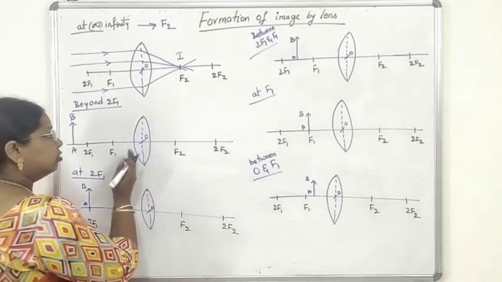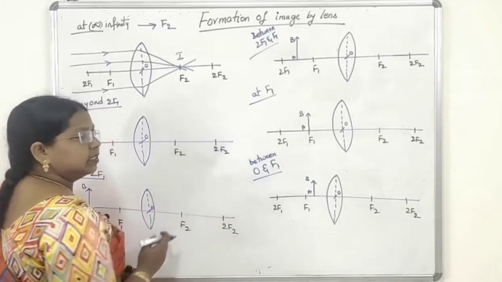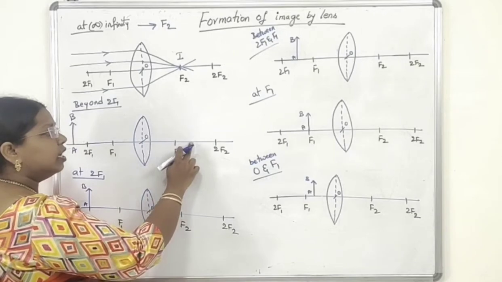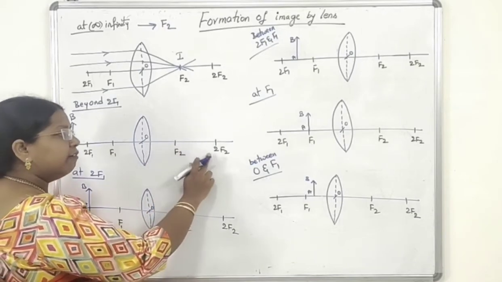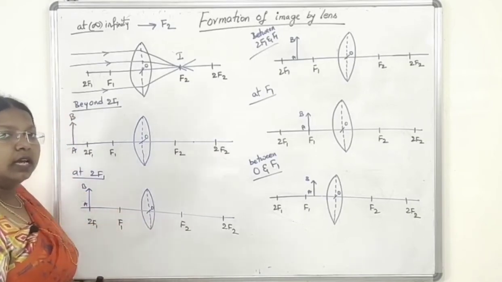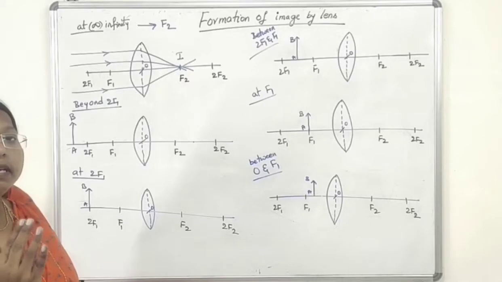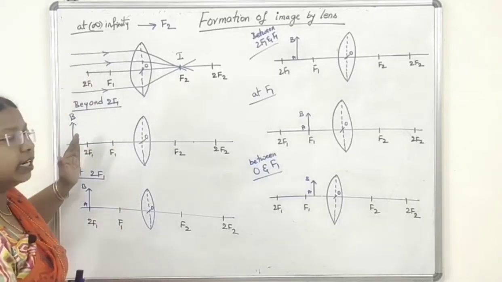When the object is moving closer, the image will be moving away from the lens. f2 is over. So what is your next position? Between f2 and 2f2. Listen, students, now I'm just talking about the positions of the image. We finished the positions of objects.